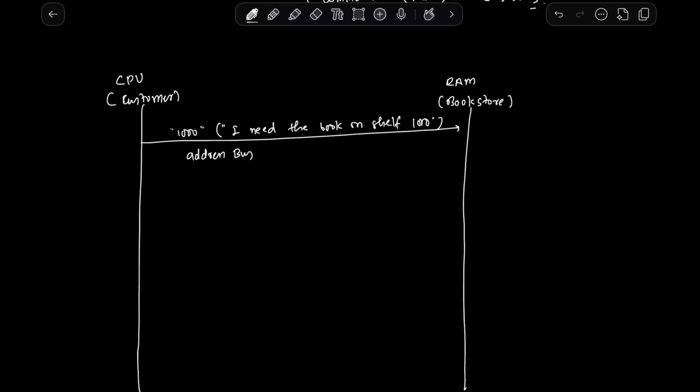Now the control bus. At the same time, when the CPU is keeping that information on the address bus, think of it as flashing a green light down the control bus with a read signal. What does it depict in real life? Oh, hey, hold on, don't pack anything as of now.